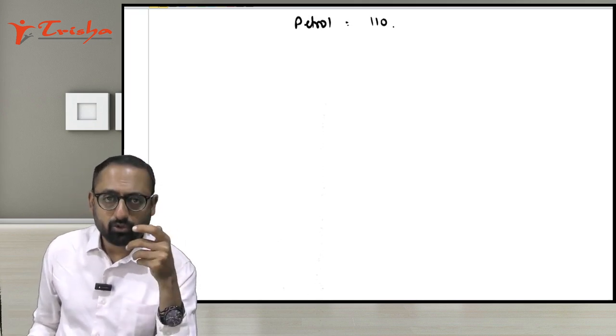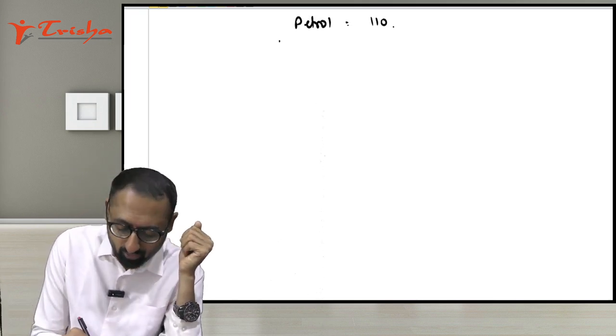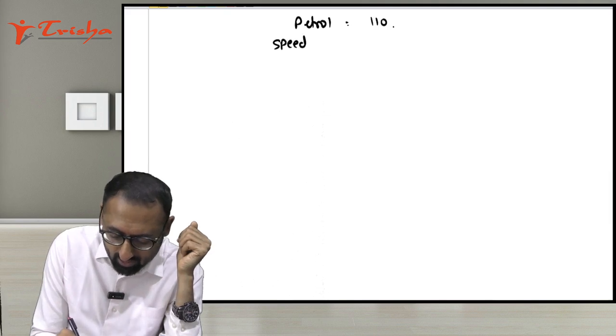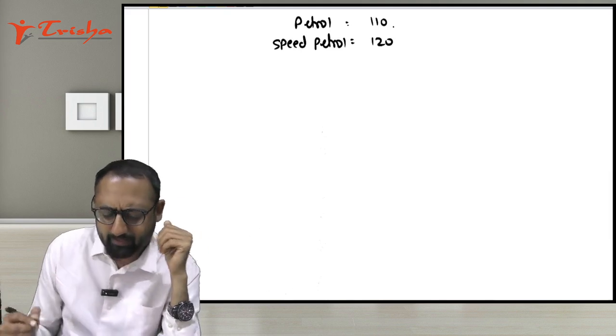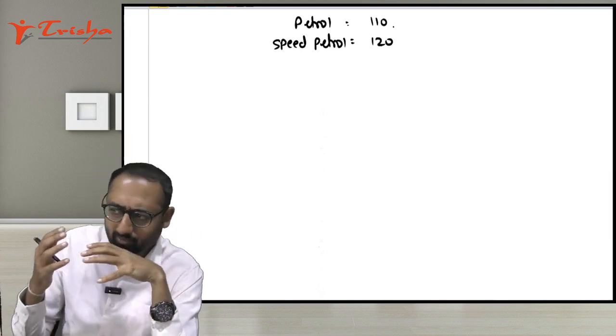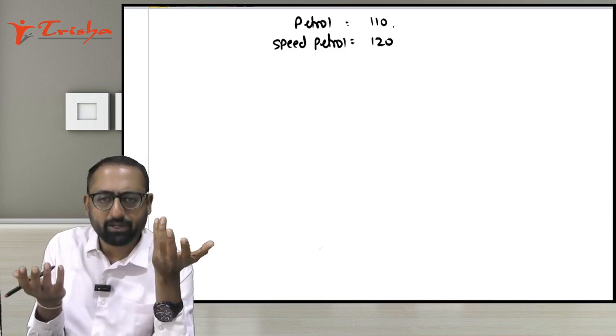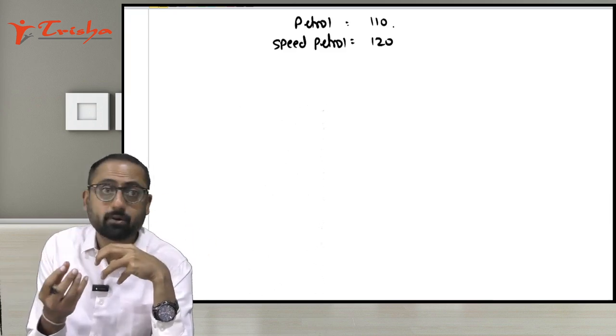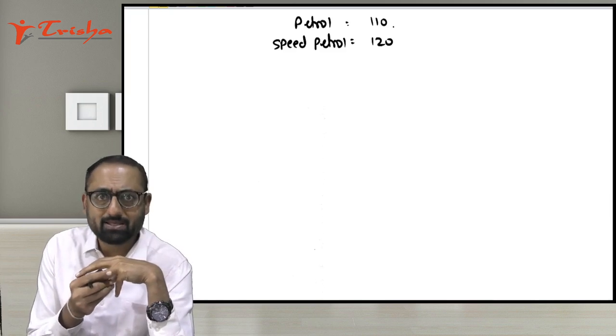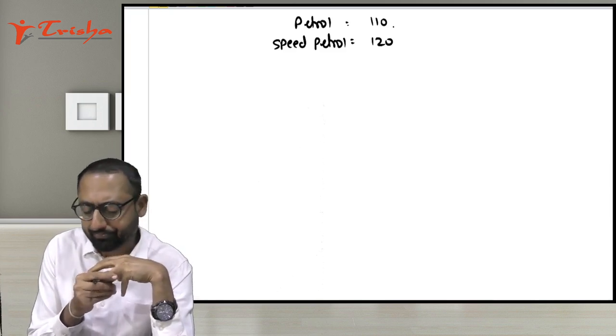And speed petrol, refined petrol, speed petrol price is suppose 120 rupees. So they remove some impurities from the petrol, and it becomes speed petrol. It will give more mileage, carbon will be less, so it is good.